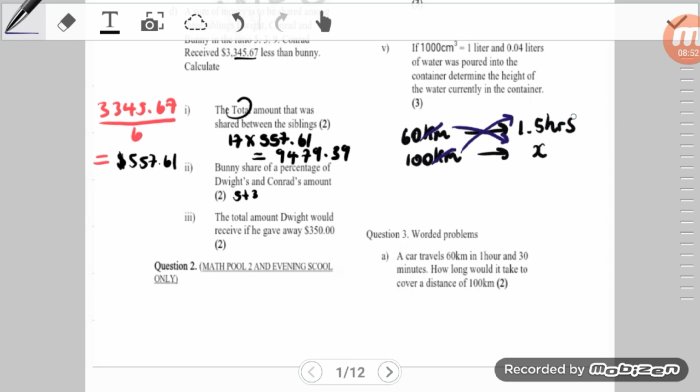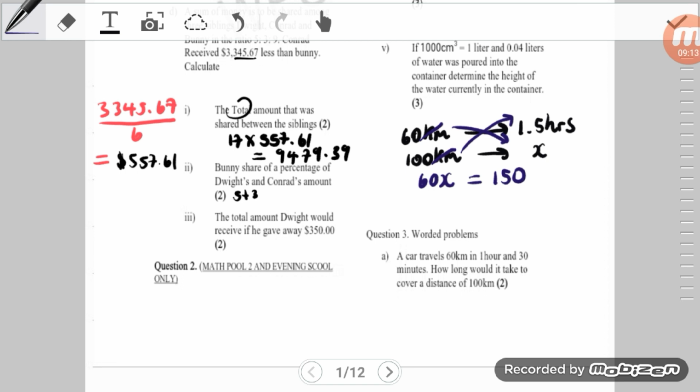So 60 multiplied by x is 60x, and 100 multiplied by 1.5 hours, that's going to be equal to 150 here. So 1.5 multiplied by 100 gives us 150.